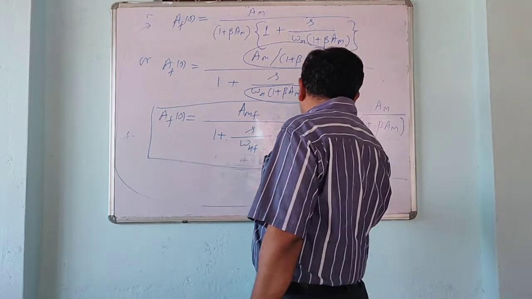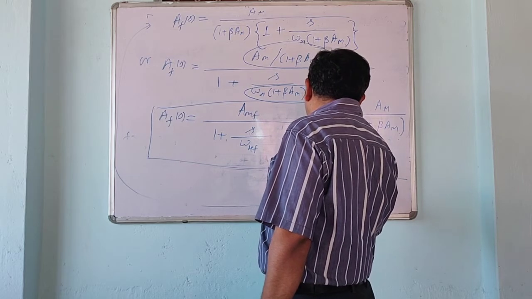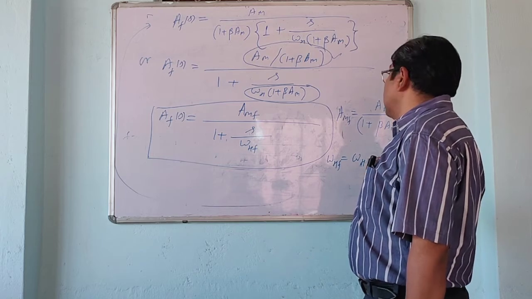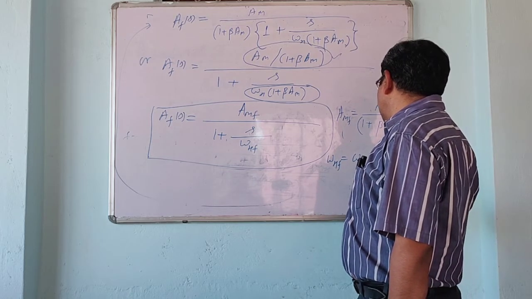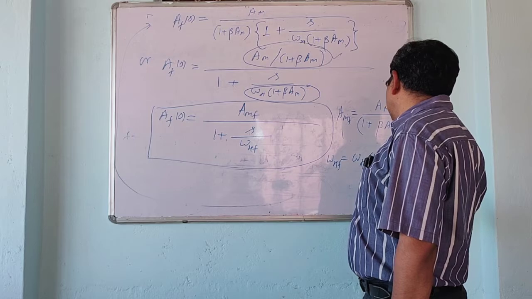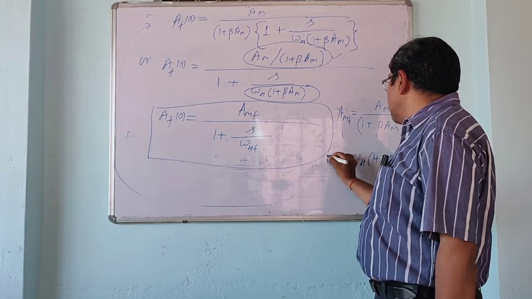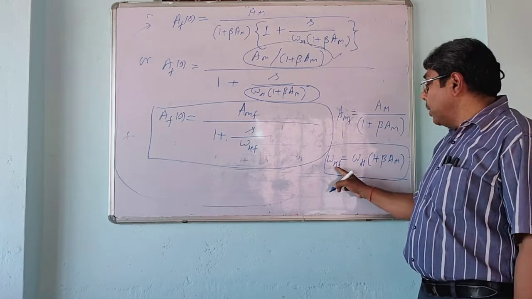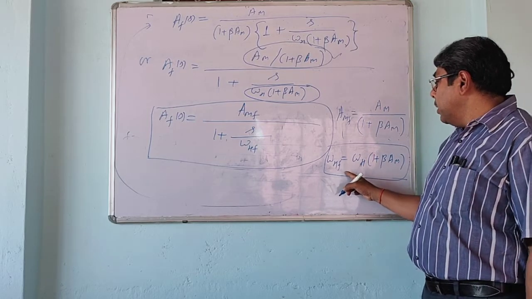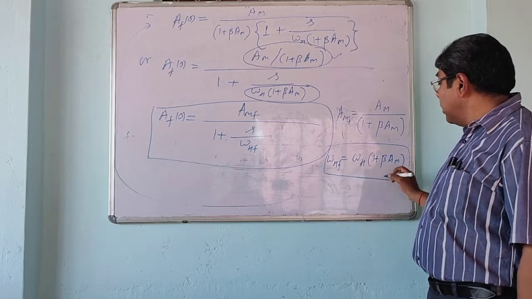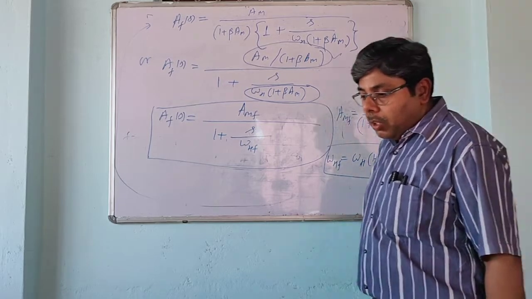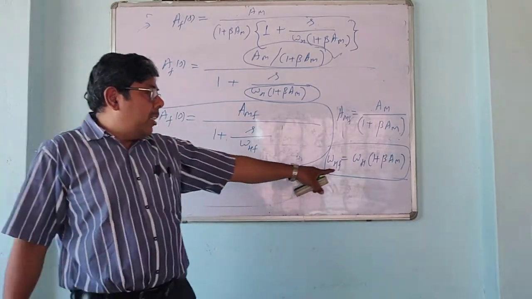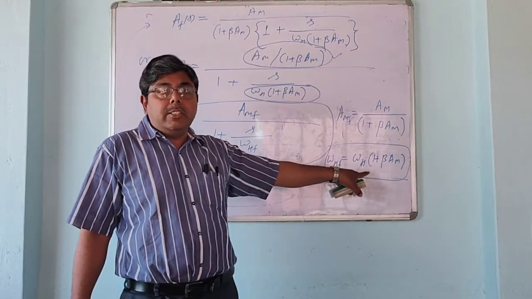And what about the upper 3 dB frequency? Upper 3 dB frequency is increased by the same factor. So the upper 3 dB frequency, that is omega HF, using feedback is increased by this same factor. So this is one part, meaning the upper 3 dB frequency is increased.